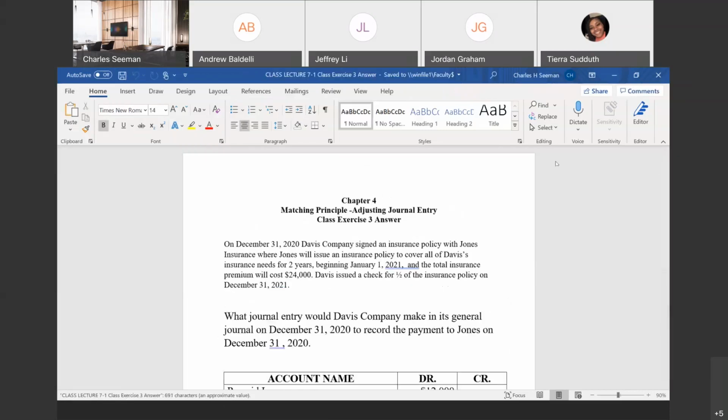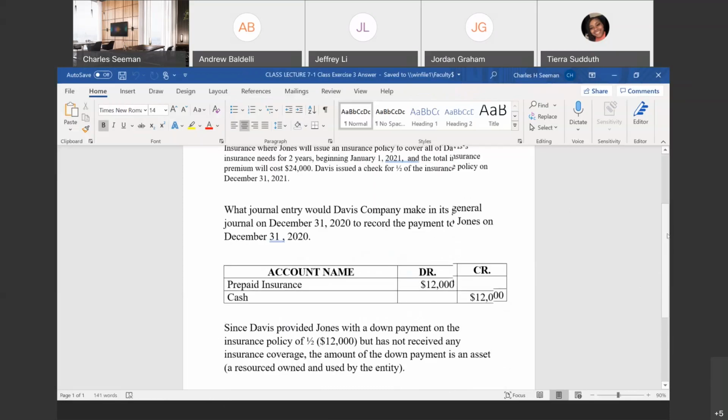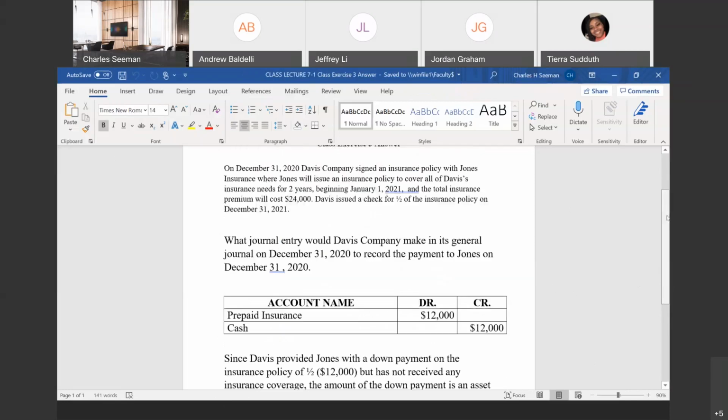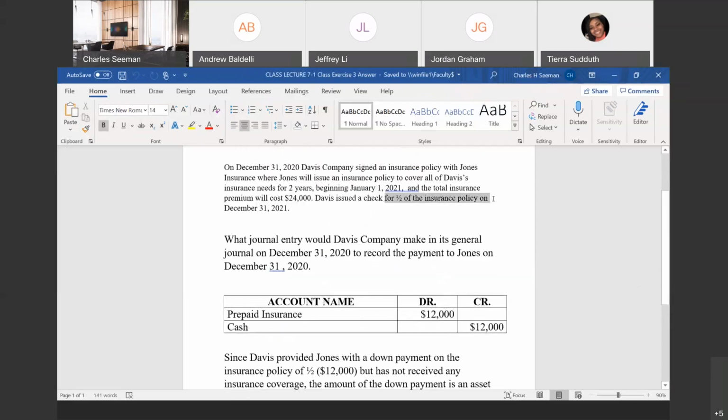All right, here's the answer. So remember, it's 12,000 because I only paid half of it. Little trick in there, see if you were reading.